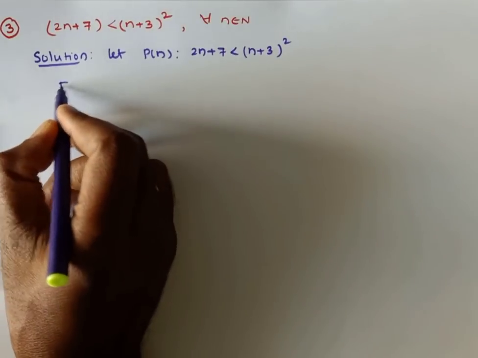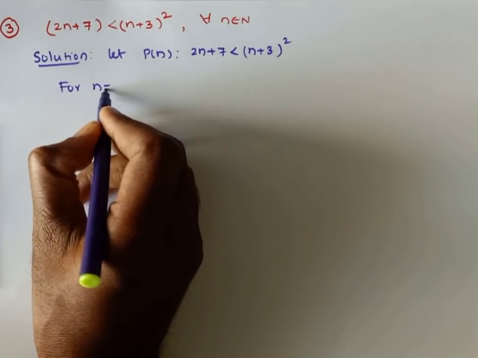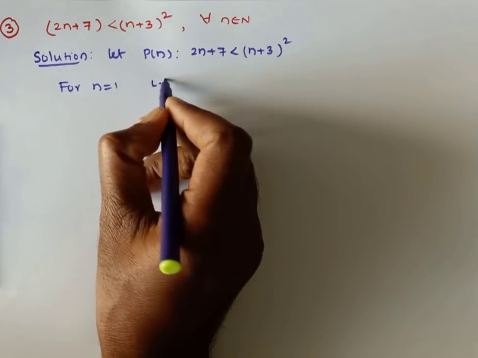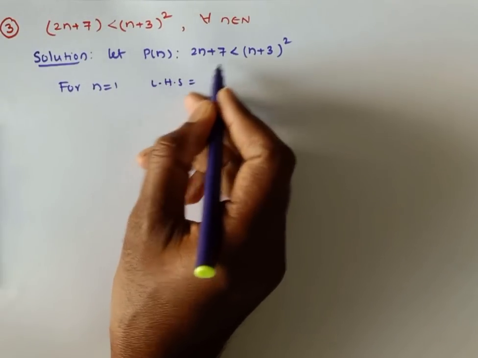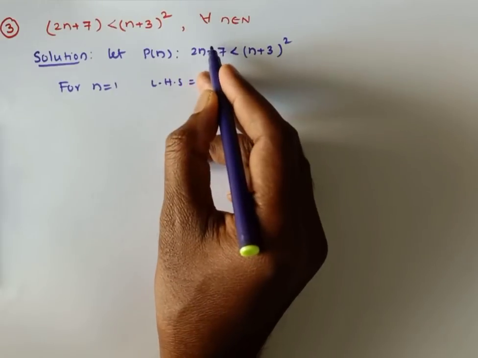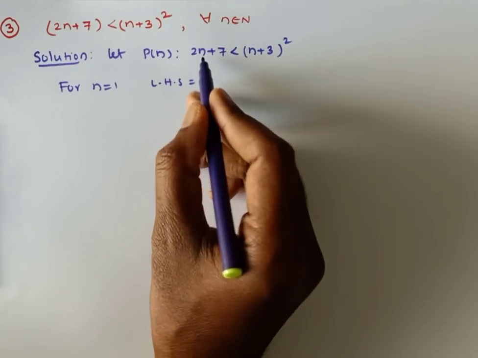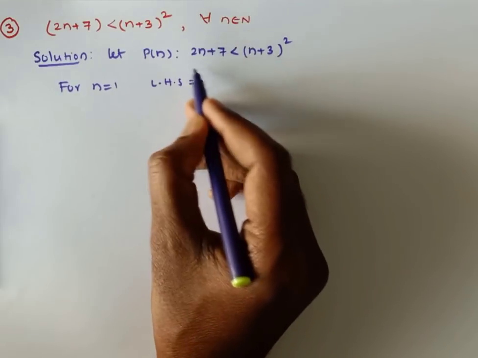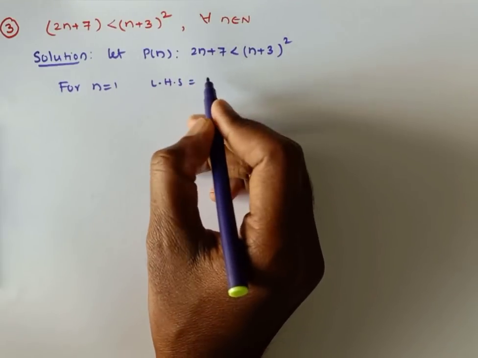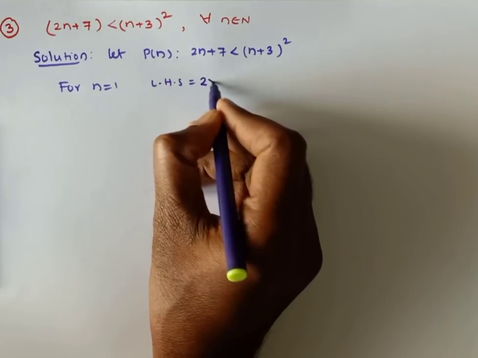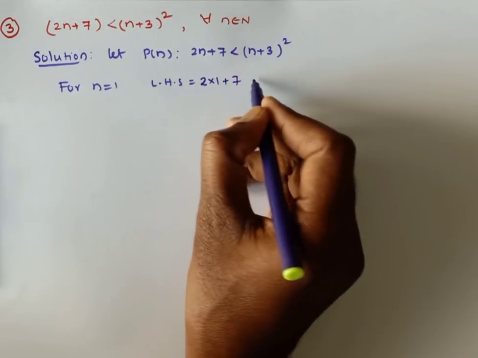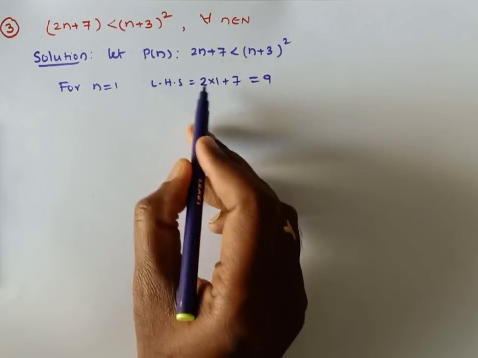Now, first we have to show the statement is true for n equals to 1. So here, what is the left hand side of the given inequality? There are no sum of terms, so directly it is in terms of n. Now put n equals to 1 on the left hand side, therefore it is 2 into 1 plus 7, that is 9.